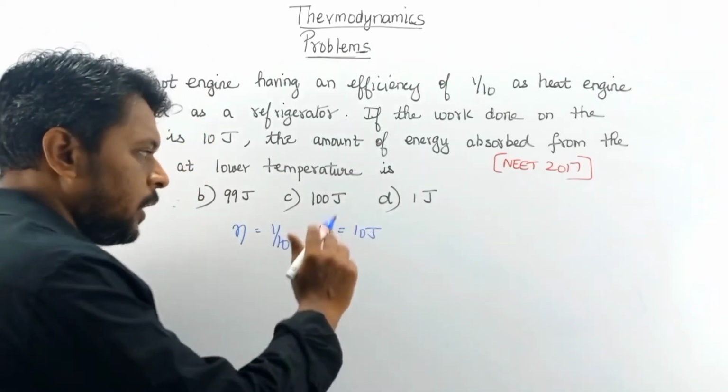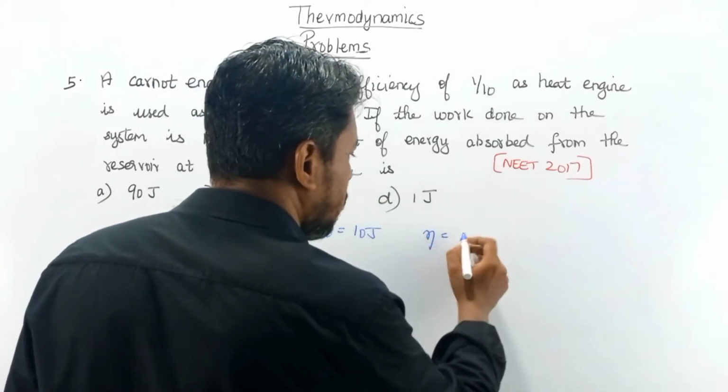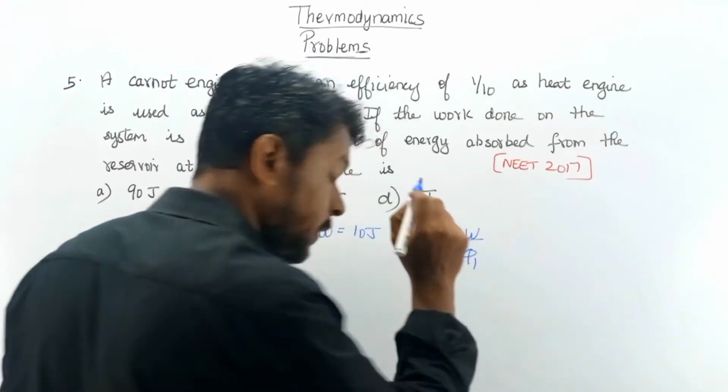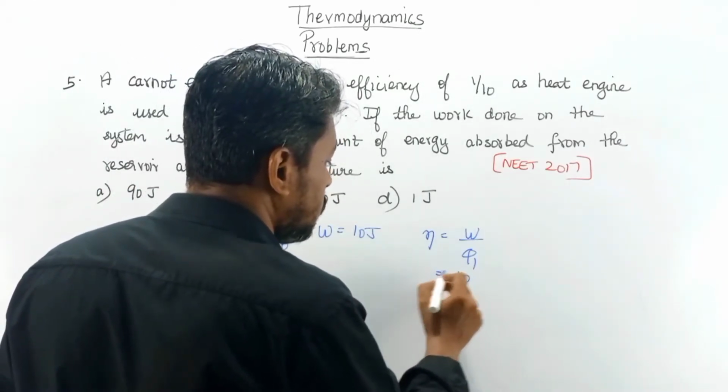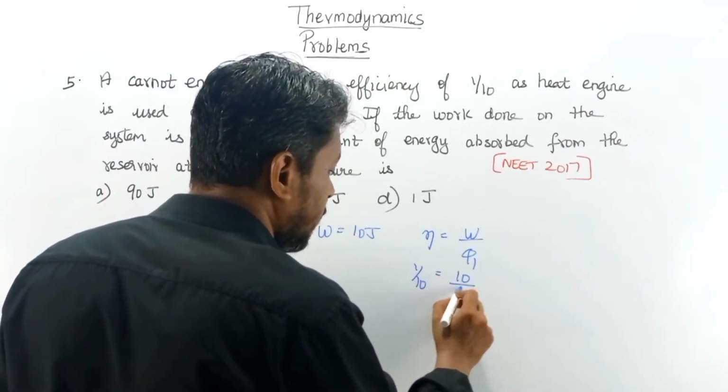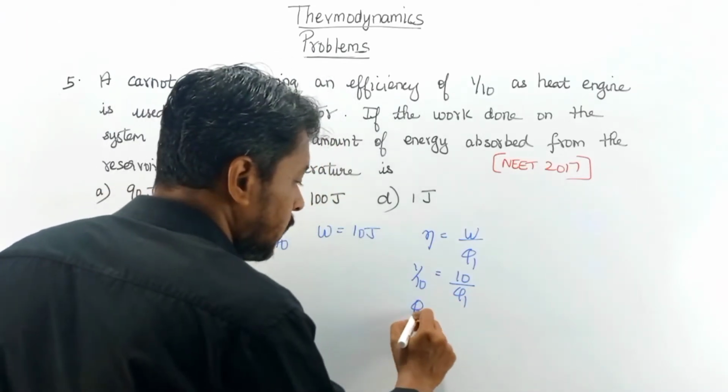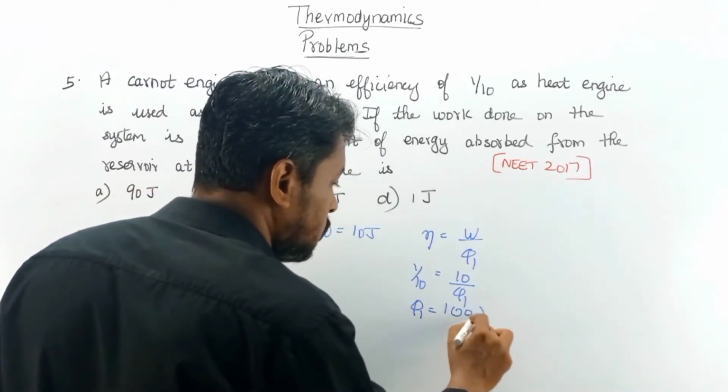Normally the efficiency formula is work done by heat supplied. So 10 joules, and the efficiency is 1 by 10, by heat supplied. From this the Q1 value is 100 joules.